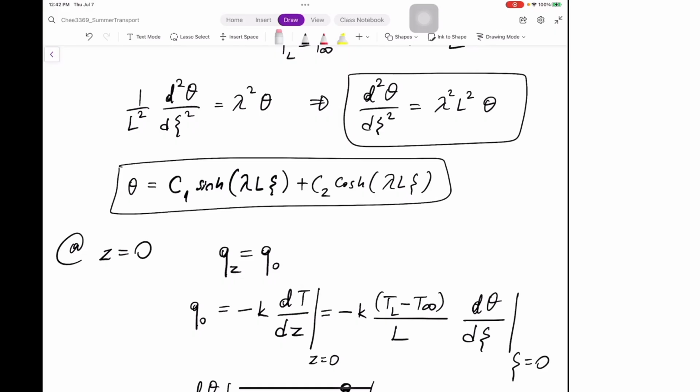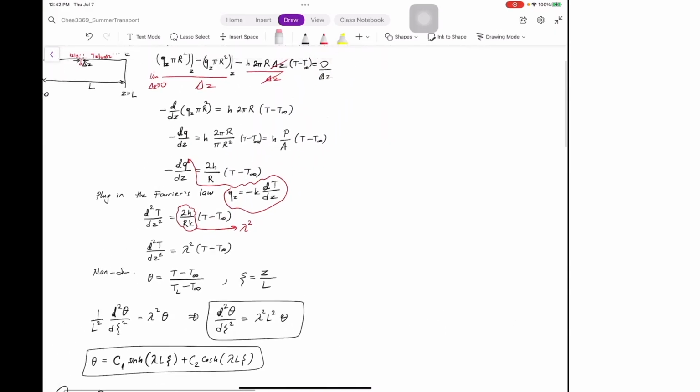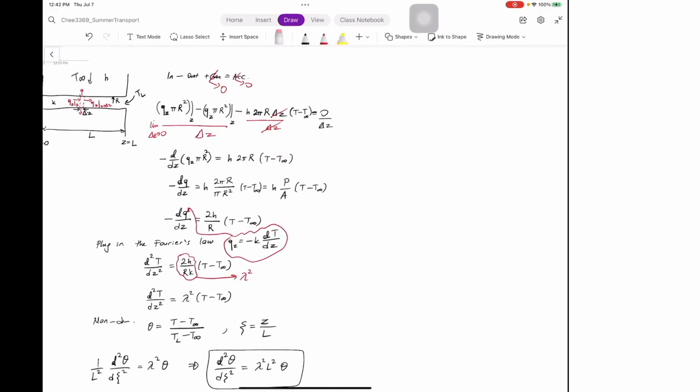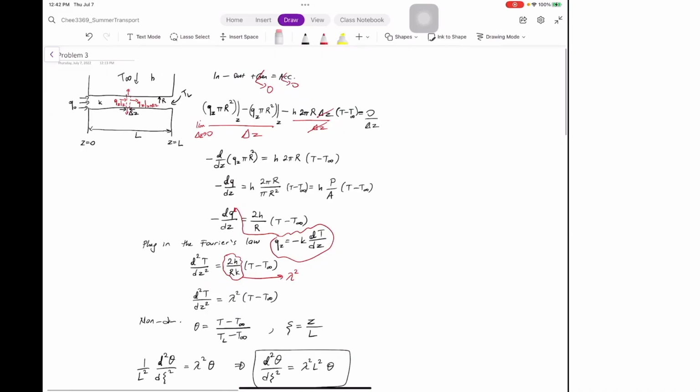Oh, that's difficult. How are you going to do that? How am I going to be able to get the total heat transfer rate between the rod and the air throughout the entire surface? That's a tough thing to do, right?